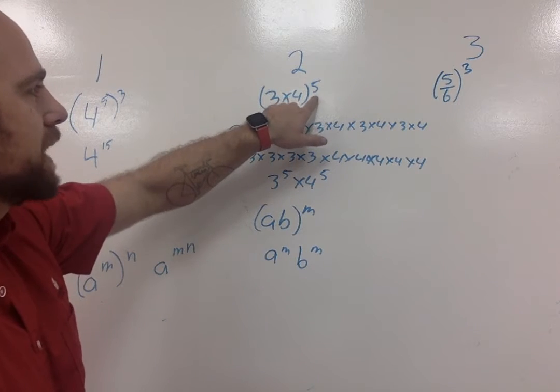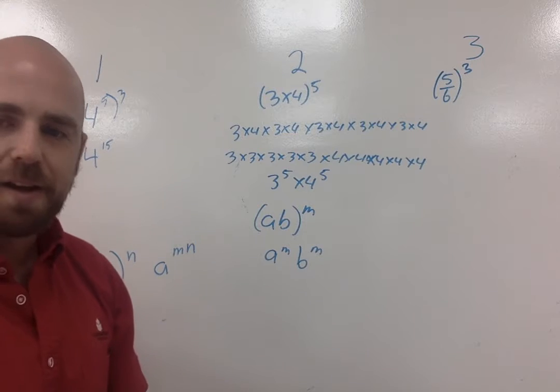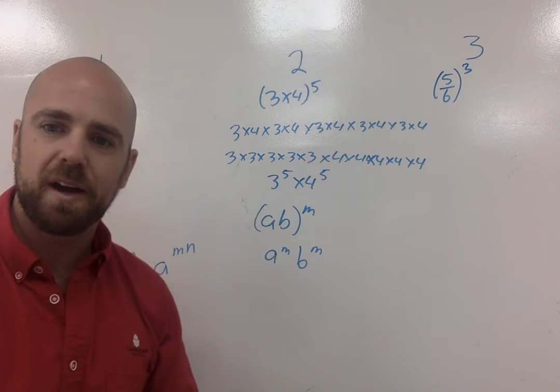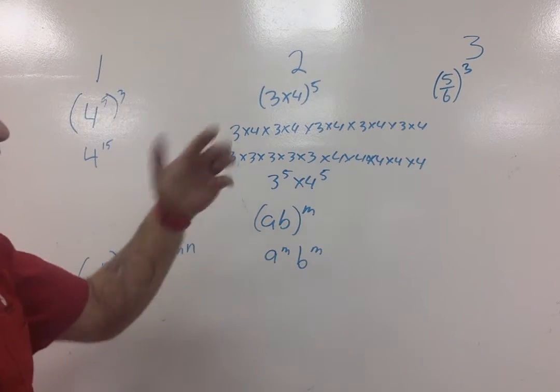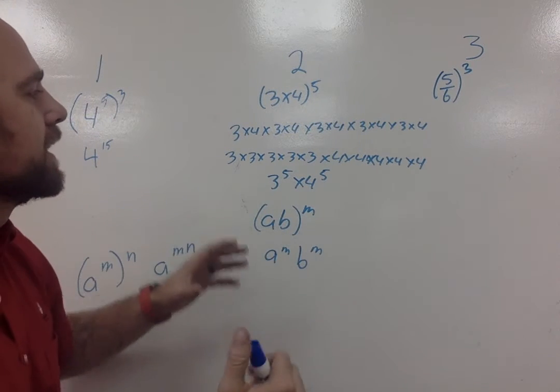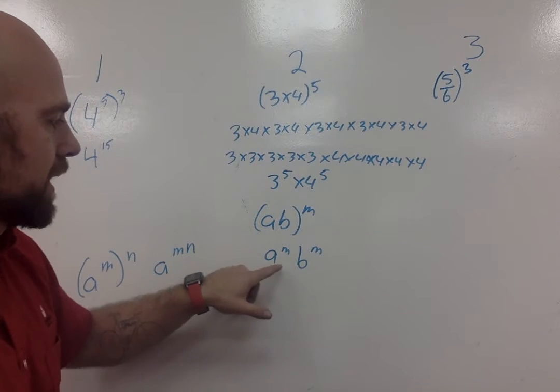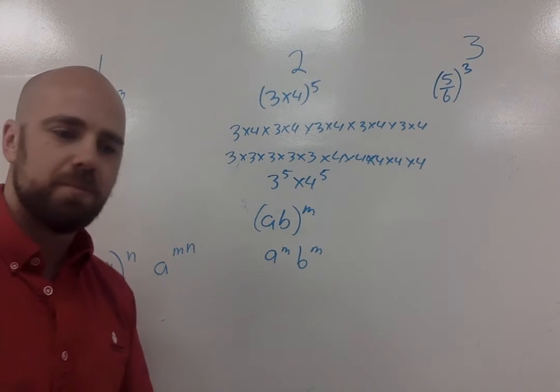What is outside the bracket gets applied to everything inside the bracket, because when we do our order of operations and break it down, this is what we're going to get: A to the M and B to the M.